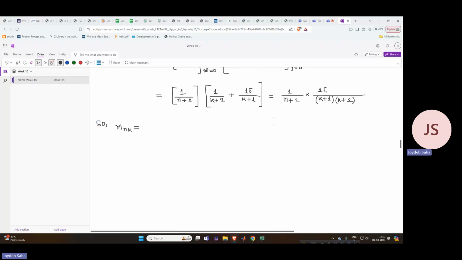In the numerator it will be 16k plus 31.